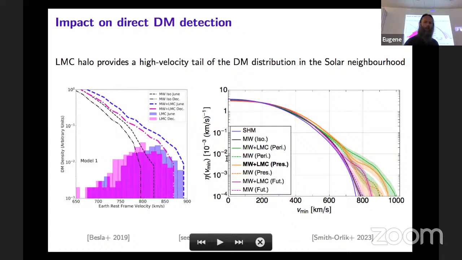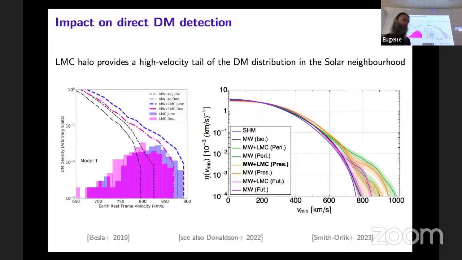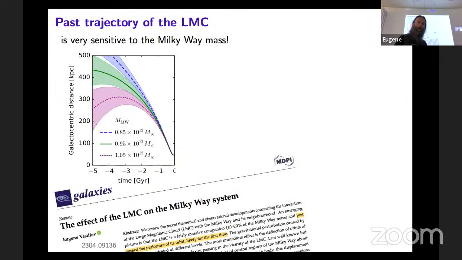Several studies have looked into it and concluded that if your detector is very sensitive to the high-velocity tail, then you might actually be measuring the LMC debris, not so much the Milky Way distribution, which is interesting. If you ever have these detections, I think it would be a good place to compare the predictions for the model.